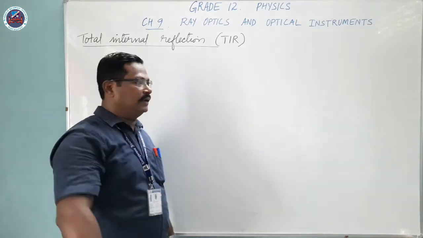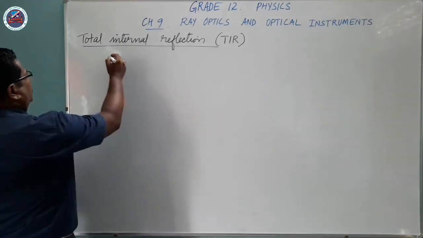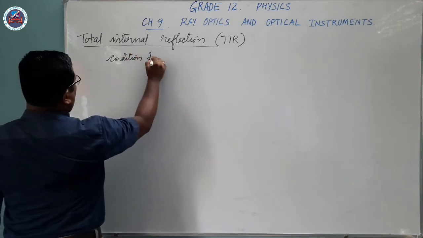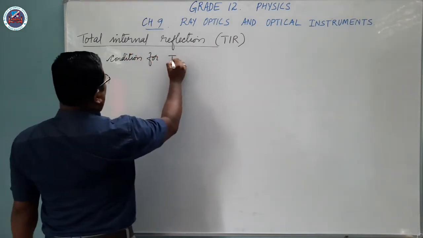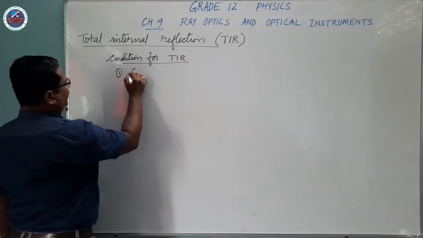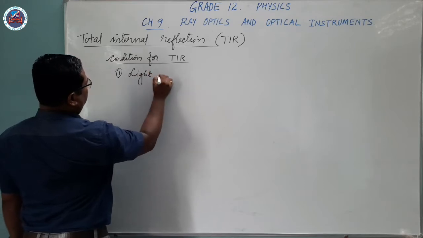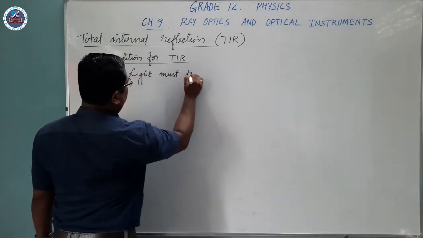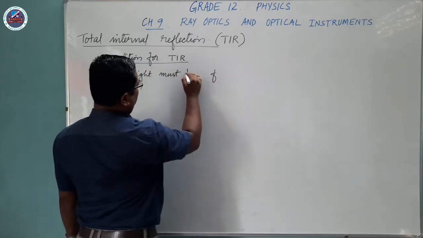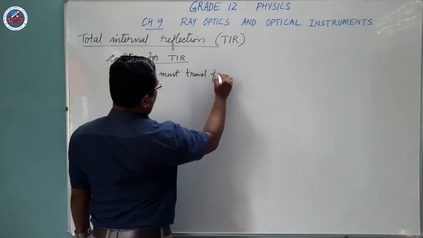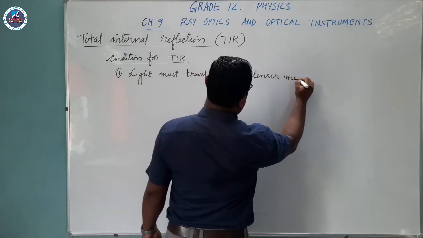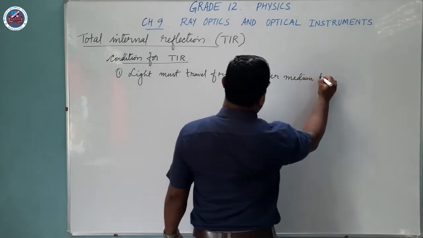The two conditions you have to keep in mind. Conditions for total internal reflection. These are the two important conditions. Light must travel from denser medium to rarer medium.